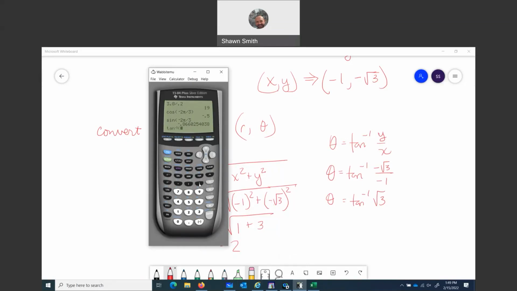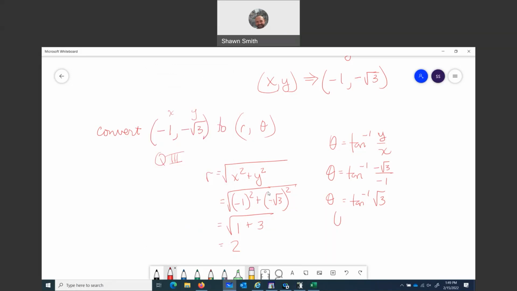But I'll recognize the degree and I can transform it to radians if I need to. Inverse tangent of the square root of 3. That says 60 degrees. All right, so if I would plot 2 comma 60, which is the same as radians, 2 comma pi over 3, that puts me right here, 2 units out.